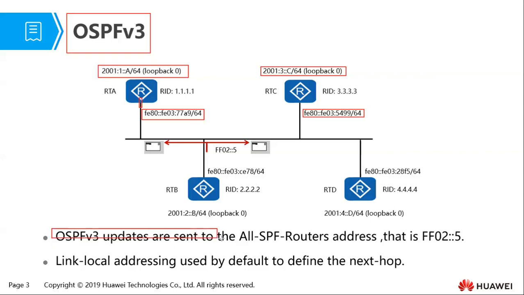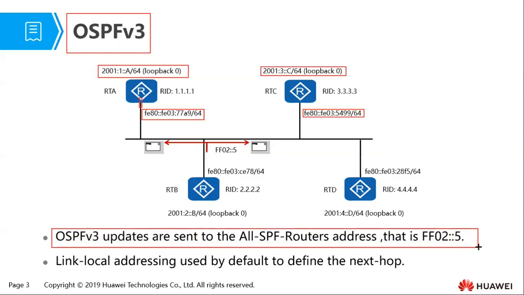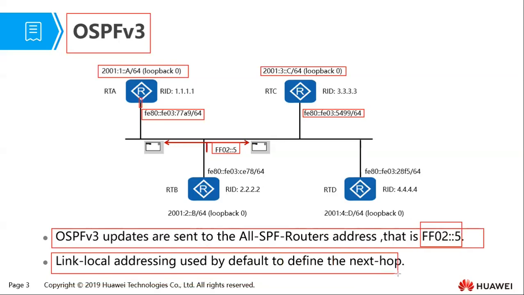OSPF version 3 updates are sent to the all OSPF routers address using this multicast address, which we've already looked at in the previous chapter. So when you are sending your LSAs, the destination will be FF02::5. Every router that receives this packet is going to process it. Then link-local addressing is used by default to define the next hop.